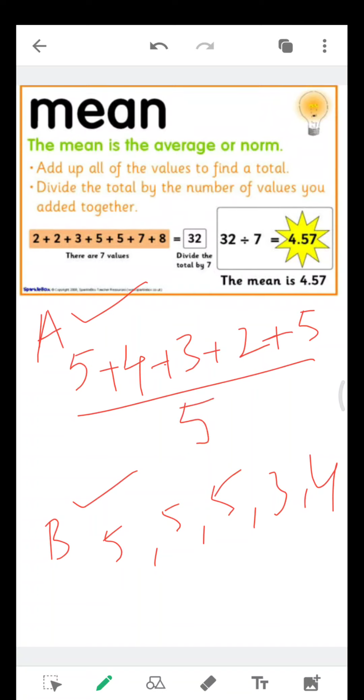If you add this all, what you will get? 5, 10, then 16 plus 3, it's 19. So 19 by 5. When you divide 19 by 5, we'll get something around 3.8. So the average of this data for section A is 3.8.